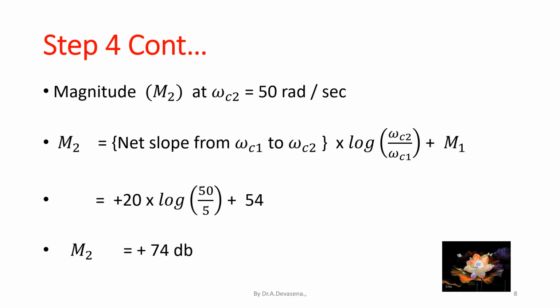The net slope from omega c1 to omega c2 is plus 20, which we obtained from the previous tabular column, into log of 50 divided by 5, plus 54. We have calculated the value of m1 as 54. Therefore m2 is equal to plus 20 into log of 50 divided by 5 plus 54. That is, m2 is equal to plus 74 dB.